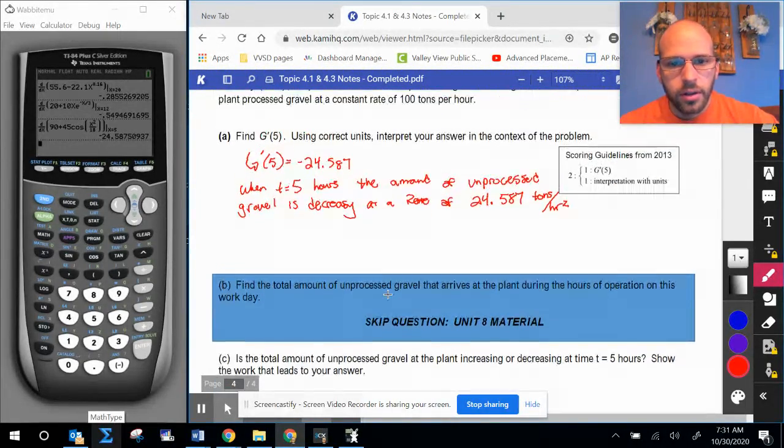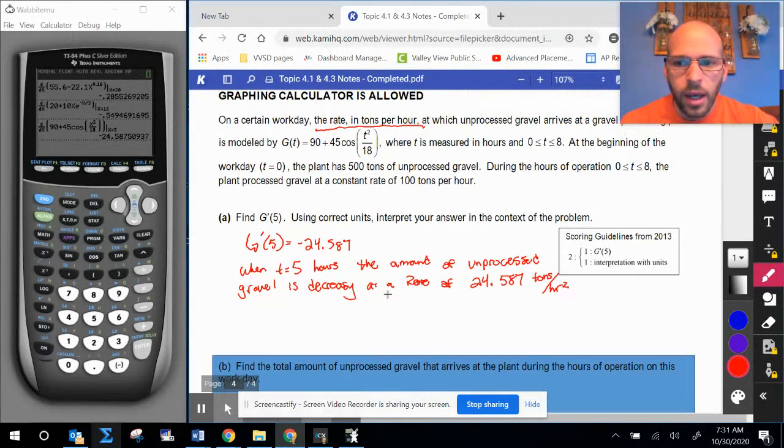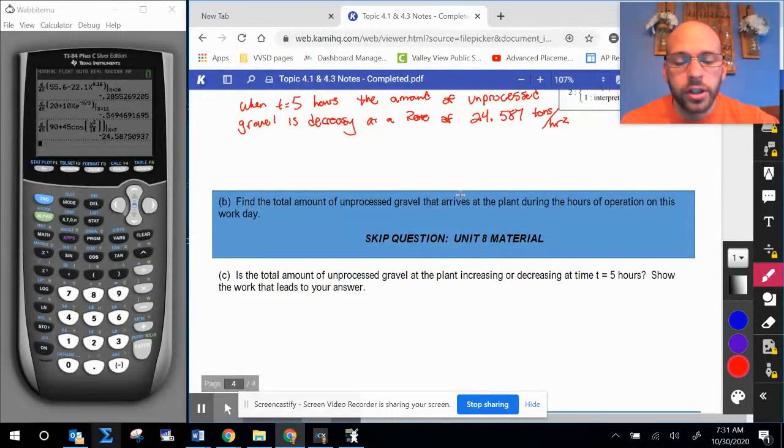All right. Part C. The amount of unprocessed gravel at the plant is increasing or decreasing at t equals 5. Show the work that leads to your answer. Well, I know that we're processing it at G of t, right? So G of t is the rate in which it arrives. And then I also know that during the operations, the plant processed the gravel at 100 tons per hour.